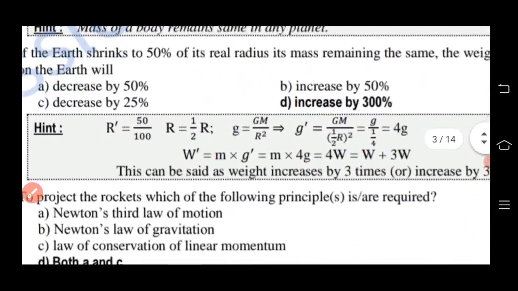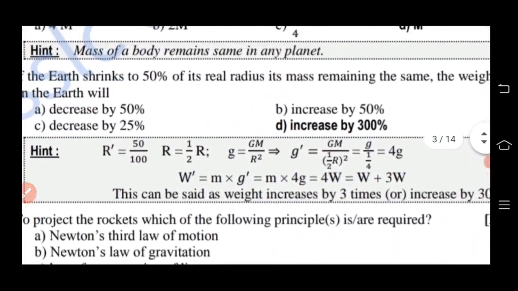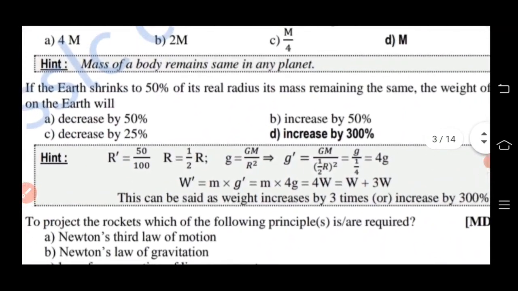See here hint, r dash equal to 50 divided by 100. So r dash is the Earth shrunk to 50%. So r dash equal to 50 divided by 100, so r dash equal to 1 divided by 2 r.